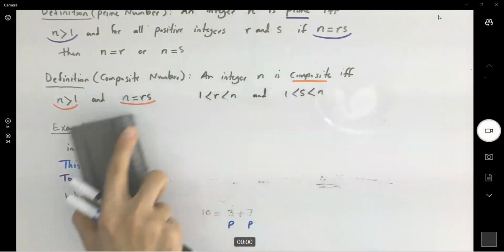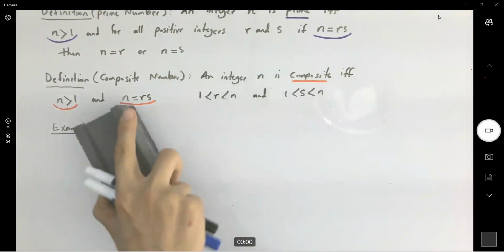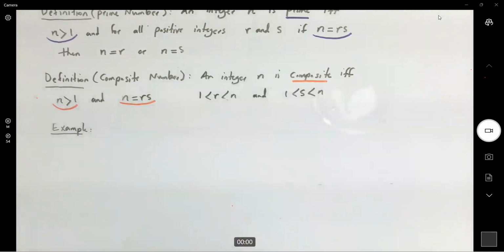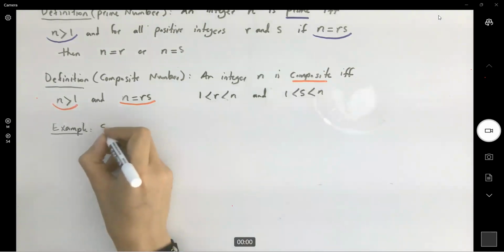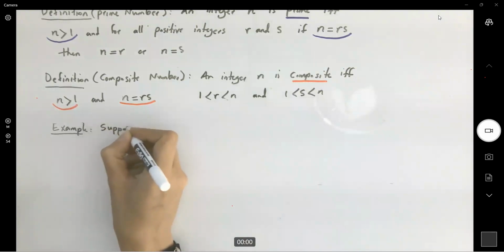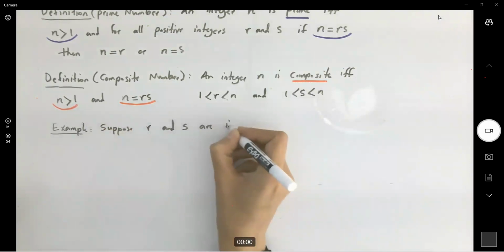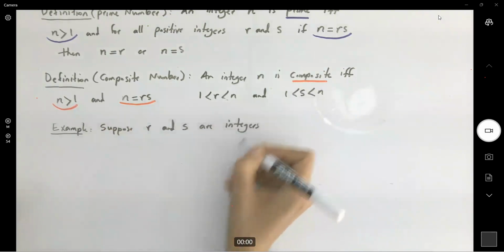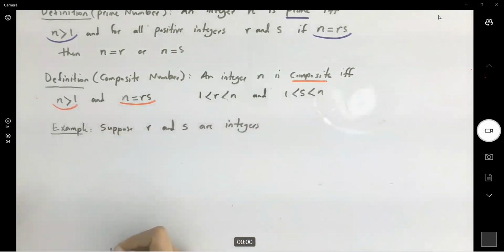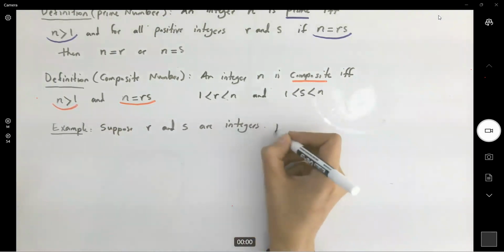Next example. Suppose R and S are integers. Prove the following.